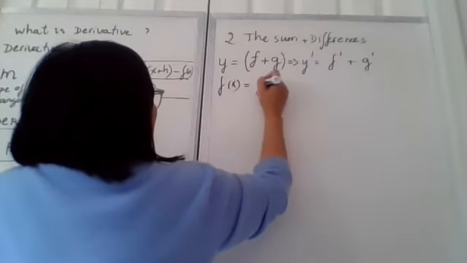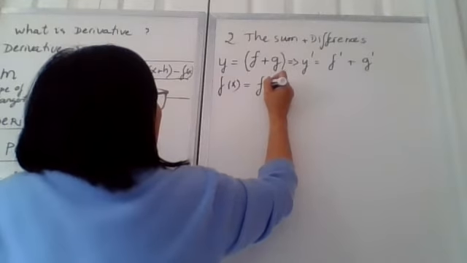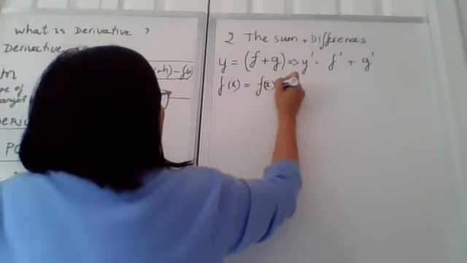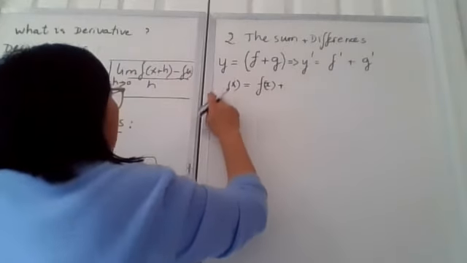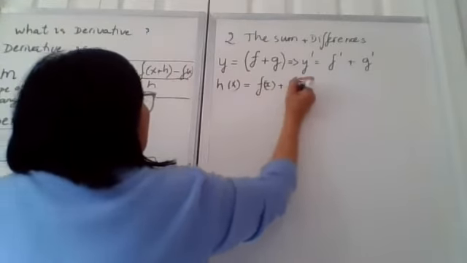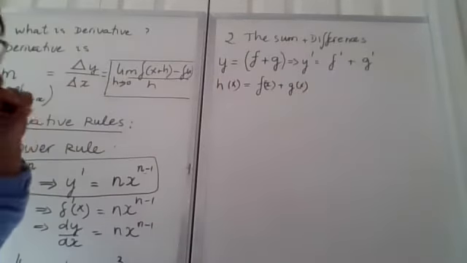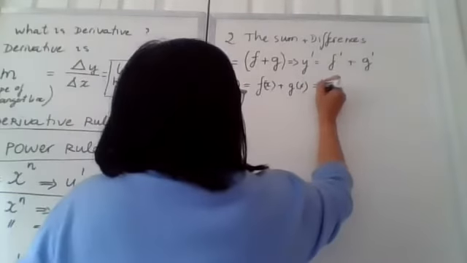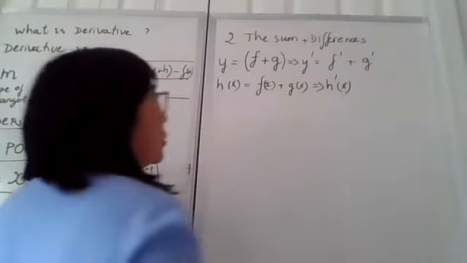Okay, now let's write down another notation for this. f of x equal f of x adding with, and let's call this a different thing, let's say h of x, g of x. So what is the derivative? The derivative is h prime of x, right?